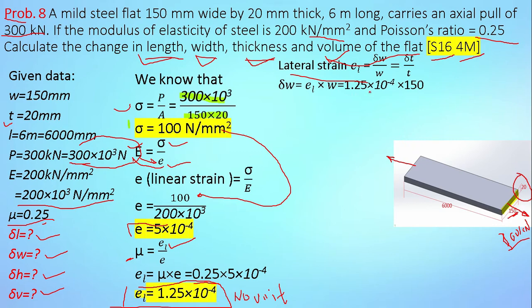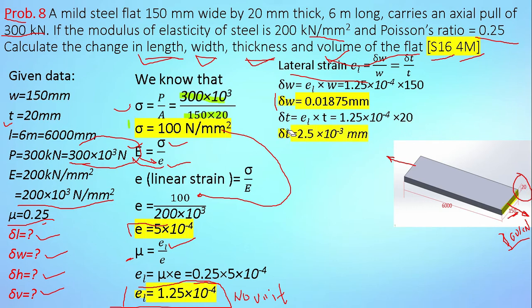It gives 1.25 into 10 raised to minus 4 multiplied by 150, so change in width is equal to 0.01875 mm. Also delta T, the change in thickness, is equal to lateral strain multiplied by original thickness, which gives 1.25 into 10 raised to minus 4 multiplied by 20 mm. This equation becomes change in thickness equal to 2.5 into 10 raised to minus 3 mm.